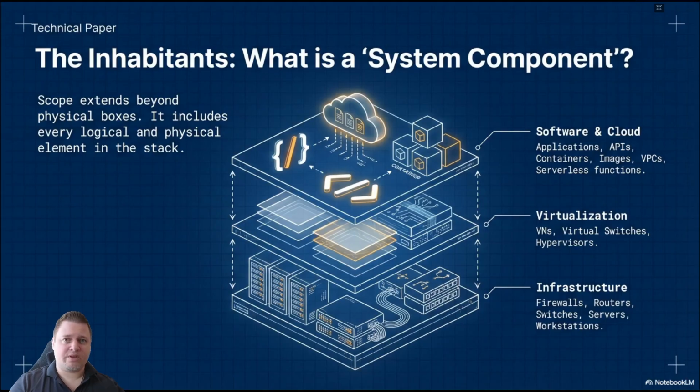None of those communicate with VLAN 3 unless you have it trunked to talk with VLAN 3. That's a different story. But if it's isolated and it's on VLAN 3 and nothing else, none of the other VLANs or the main network touches VLAN 3, then they don't need to be in scope. So you don't have to worry about that. Infrastructure includes firewalls, routers, switches, servers, and workstations. Anything that touches it, even if it protects it, if it touches it, it's in scope.